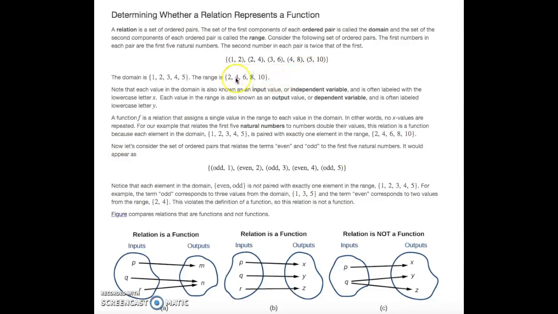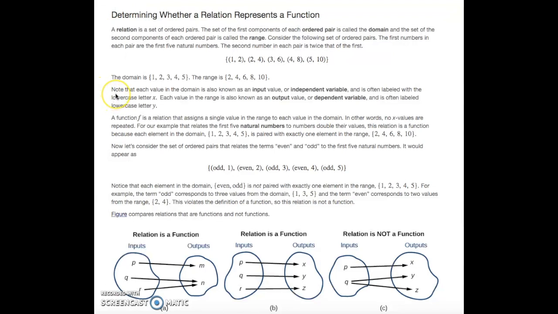If we just look at the first entry of each ordered pair, so 1, 2, 3, 4, 5, we can classify these numbers as the domain of the relation. And if we look at the second entry of each ordered pair, so 2, 4, 6, 8, 10, we can call these numbers the range of the relation.